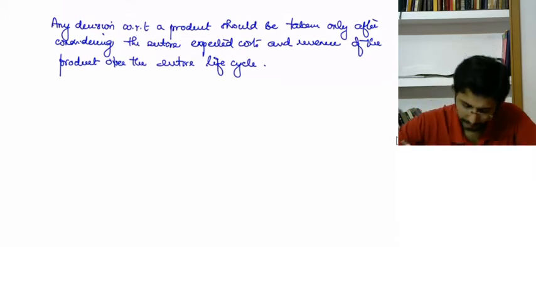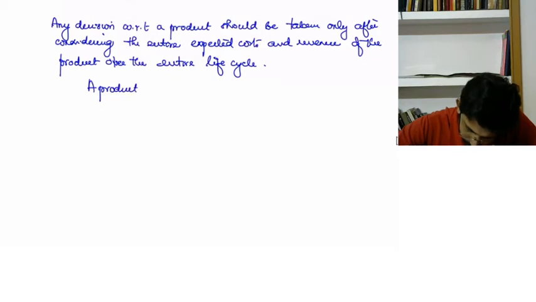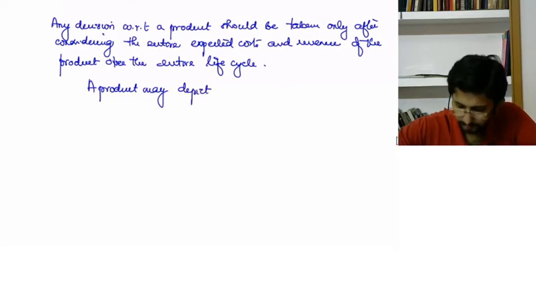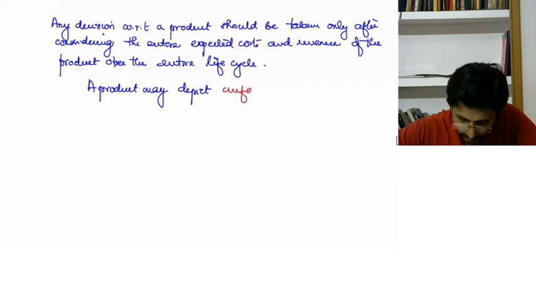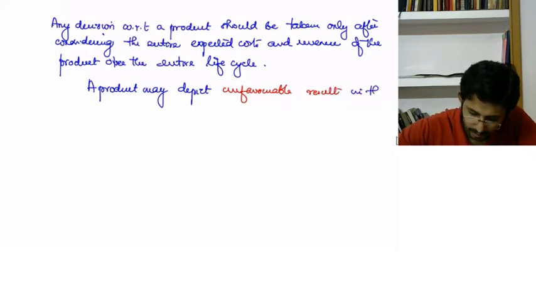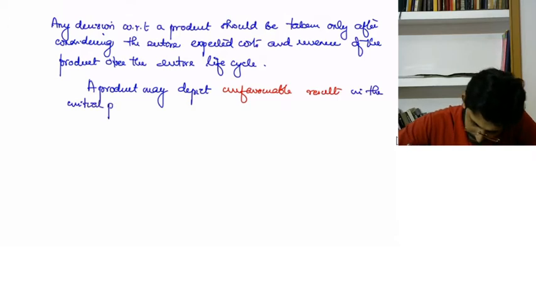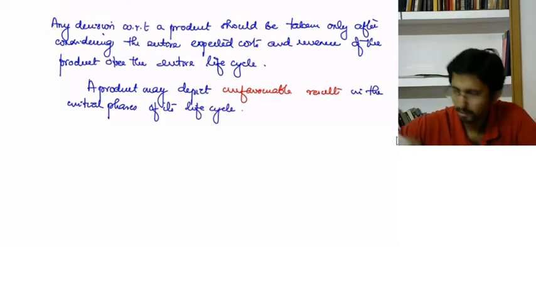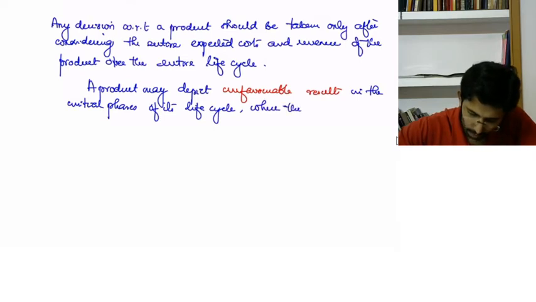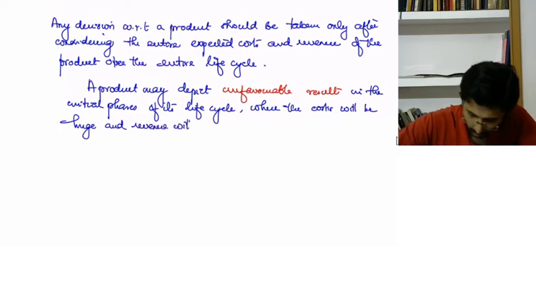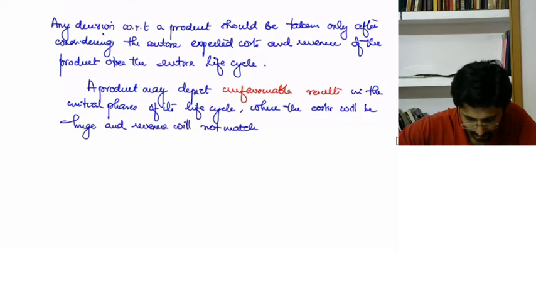Okay, so you can write: a product may depict unfavorable results in the initial phases of its life cycle, where the cost will be huge and the revenue will not match the cost.